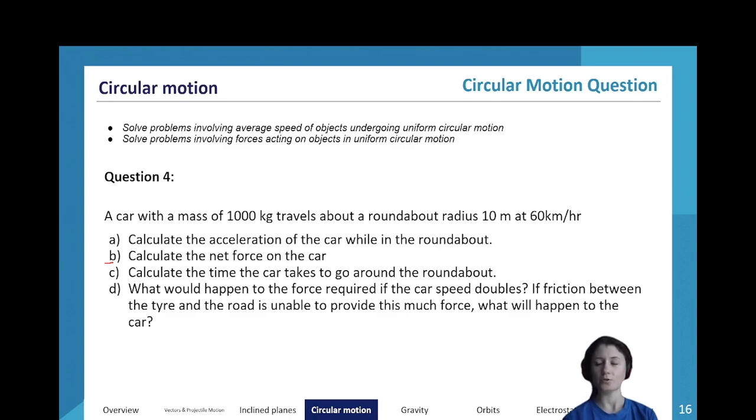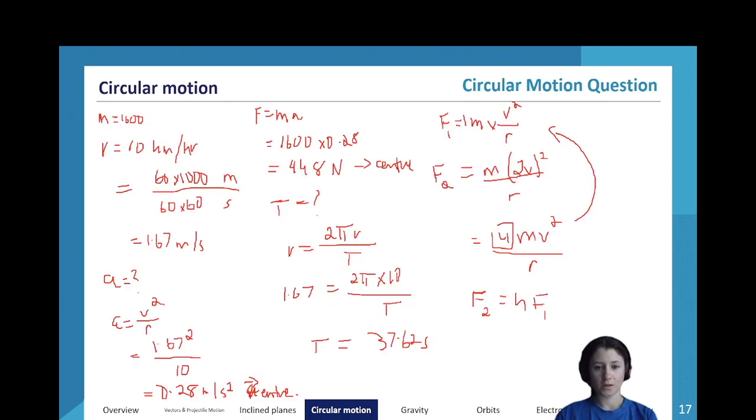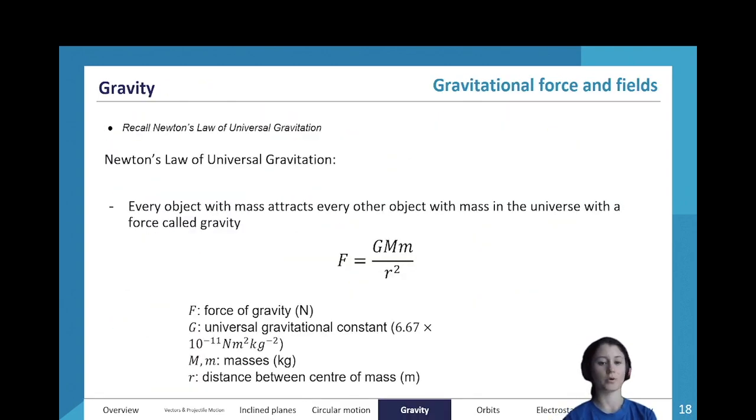I was going to talk about cars rolling over, but I don't think that's super relevant, so we'll just leave it at that. Alrighty. Let's move on to our next topic, which is gravity.